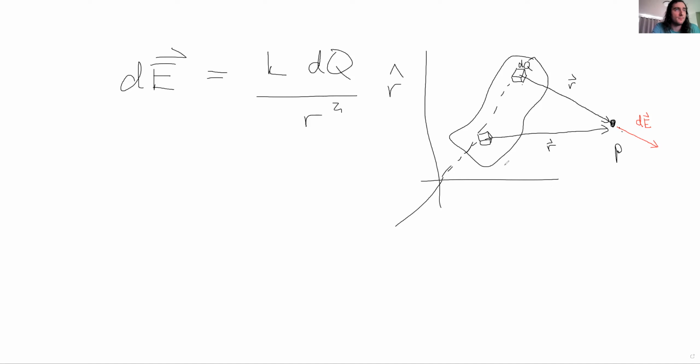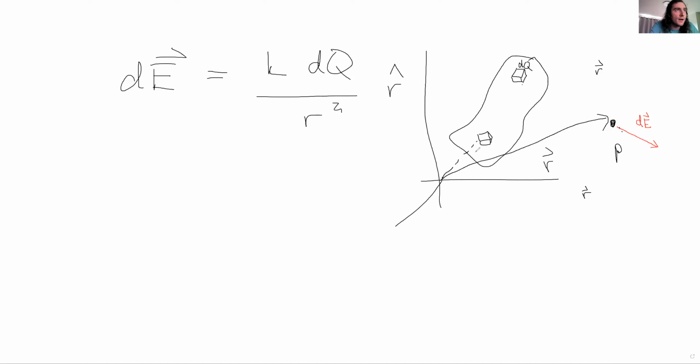Let's actually be more precise about the labeling here. If we're going to have an origin like this, we'll use the vector r from the origin to the point.